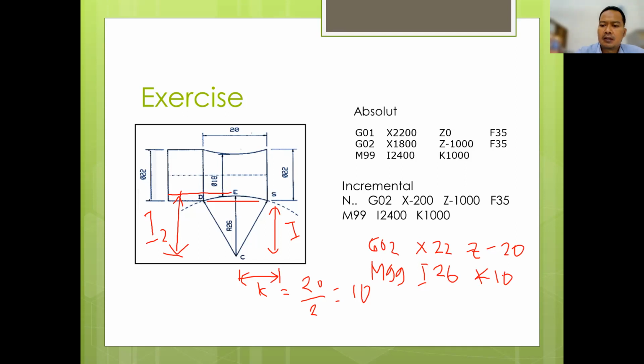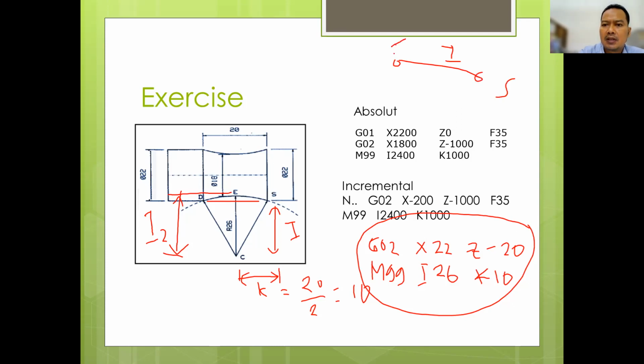So this is the second machining for radius. So this is the first, from S to E, and then E to D is the second. First radius and second radius.